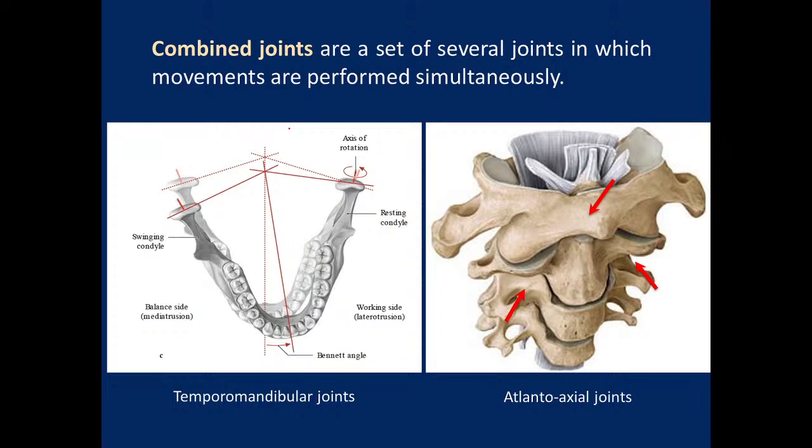And there is another definition of combined joints on that slide. What does it mean? Combined joints are a set of several joints that are located separately. For example, the left temporomandibular joint and the right temporomandibular joint, but they move together.